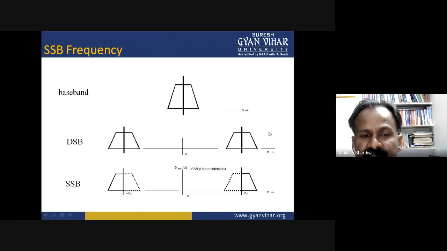Baseband, DSB, double sideband, and double sideband and single sideband suppressed carriers.